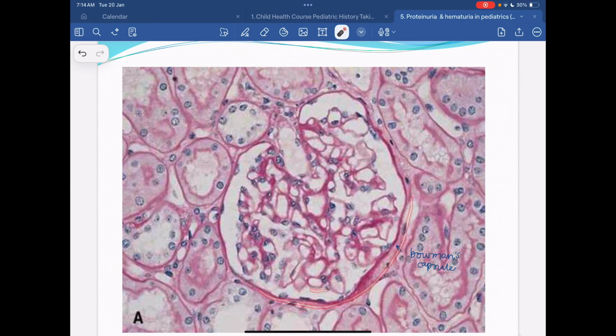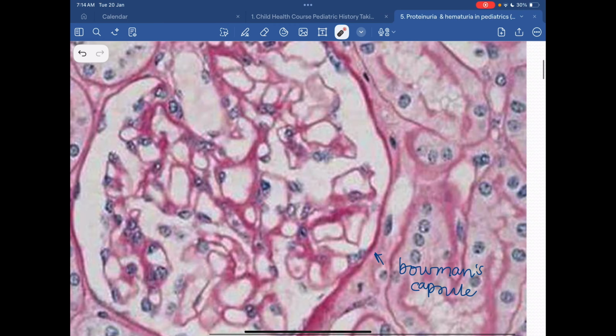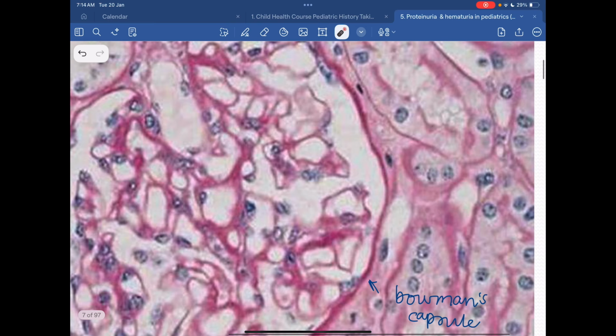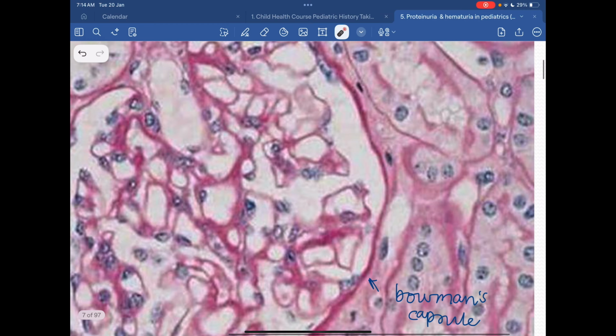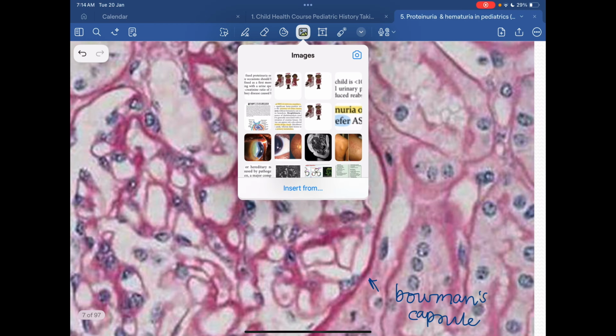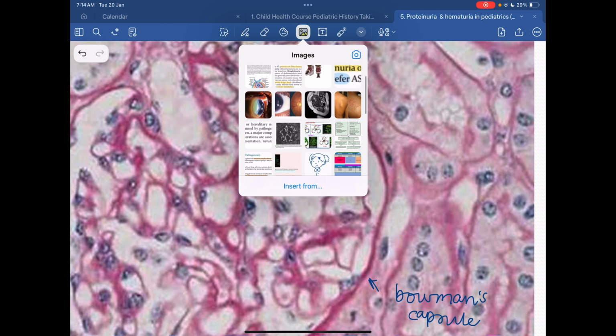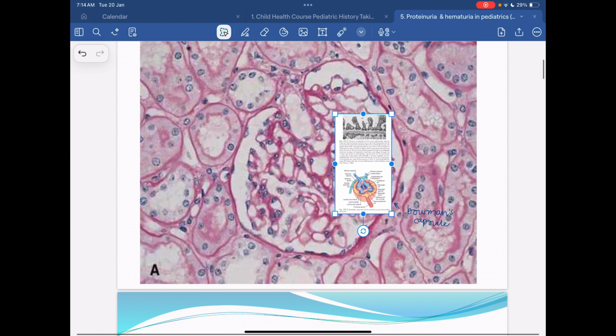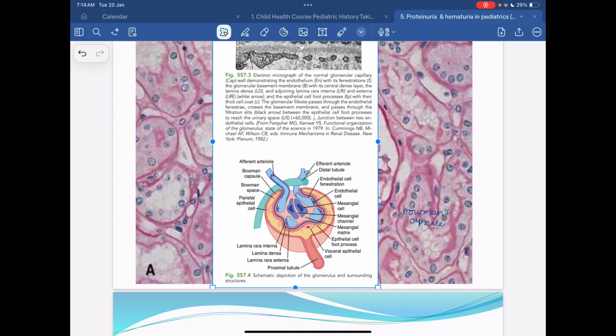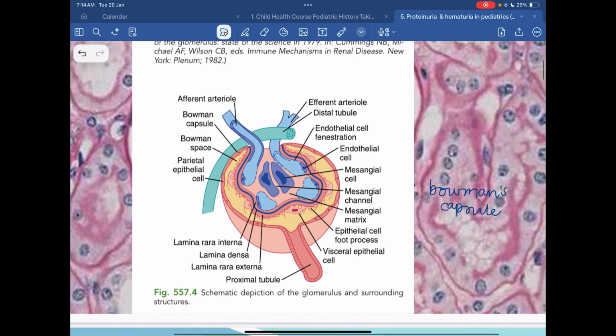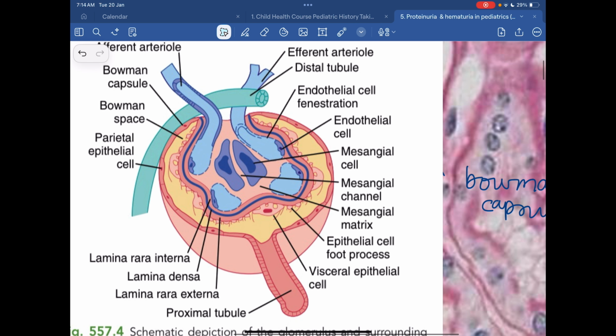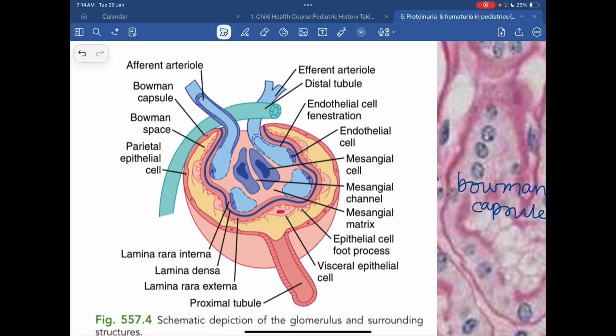Here are capillaries, and we also have the... Okay, هذه الصورة واضح. We have the endothelial cells. Here is the fenestrations, the fenestrations of the endothelial cells. تشوفون كيف مفرغة.